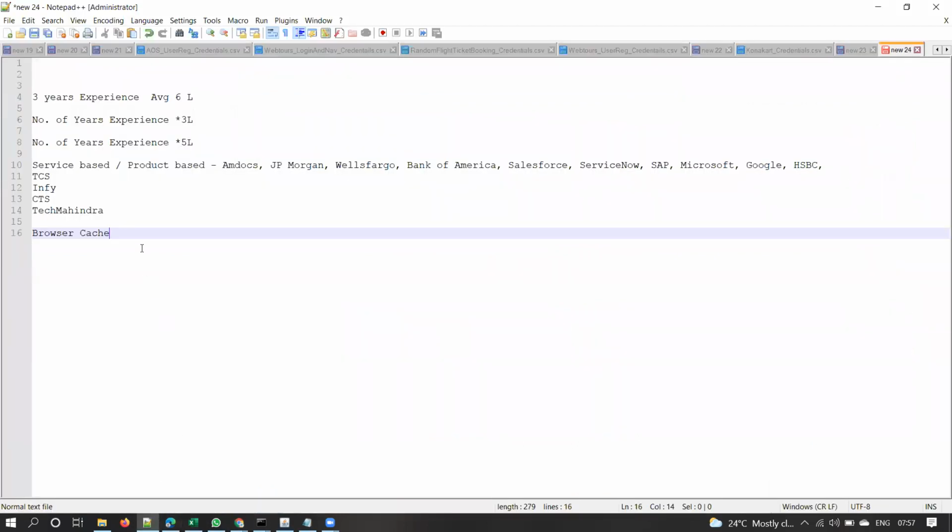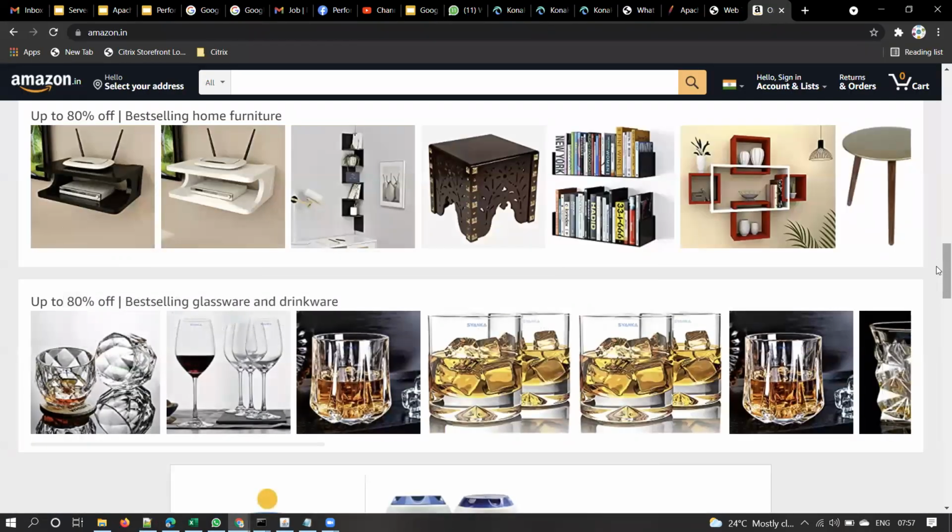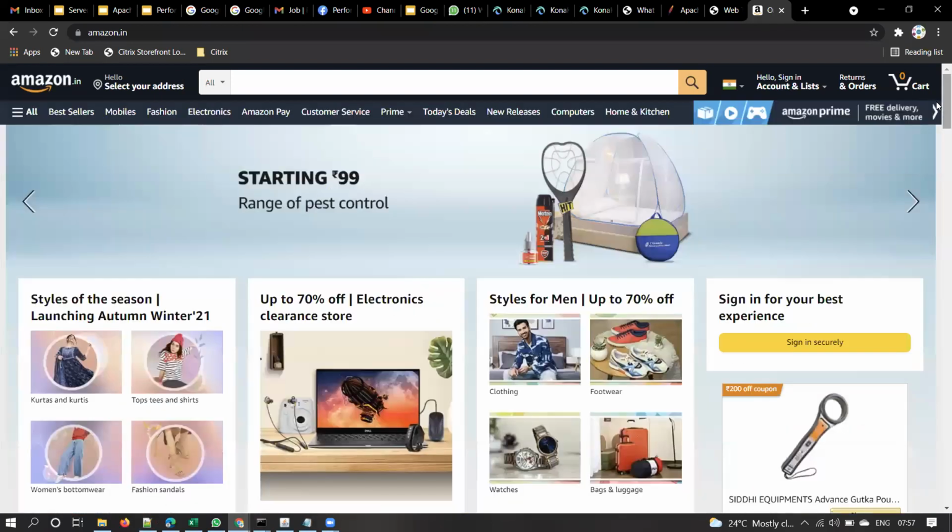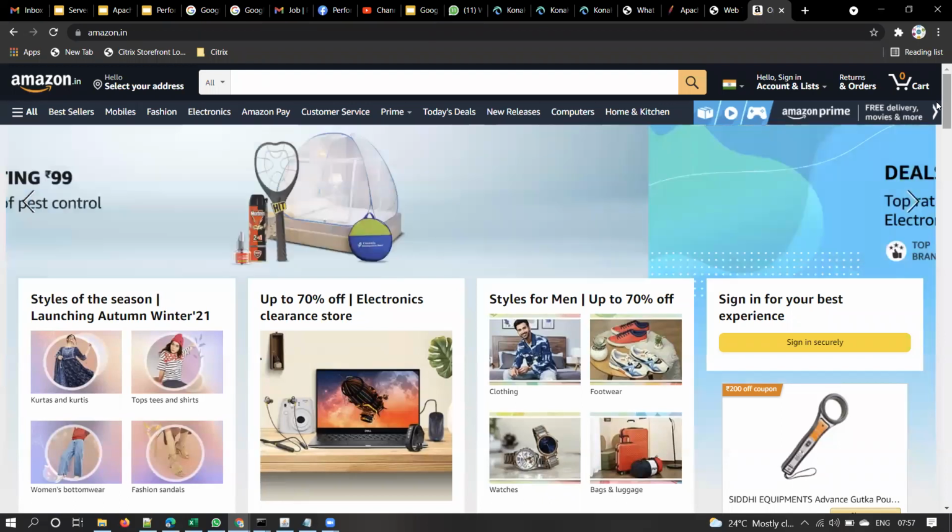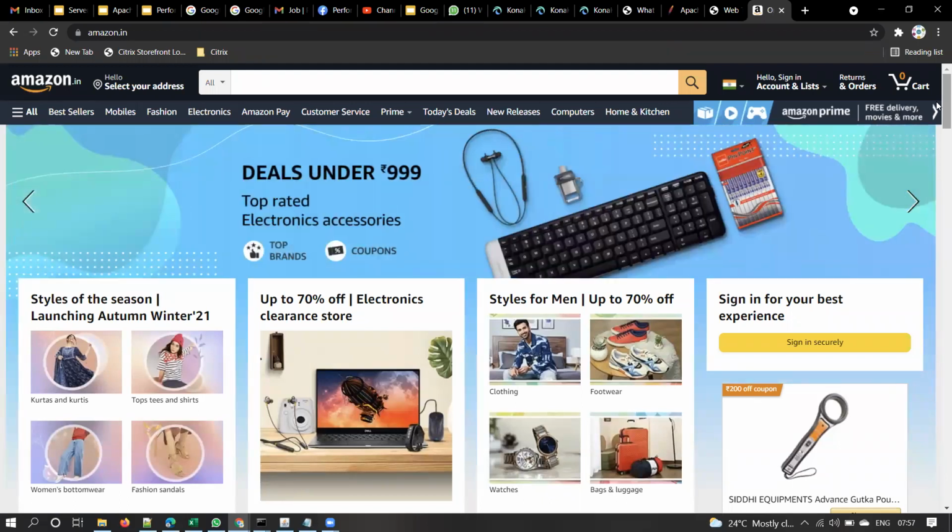Whenever you access any page, all the important components of that page will be stored in the browser cache, and the next time you access the same application, it will be loaded from that browser cache. Is it clear, guys? Everyone? Yes.